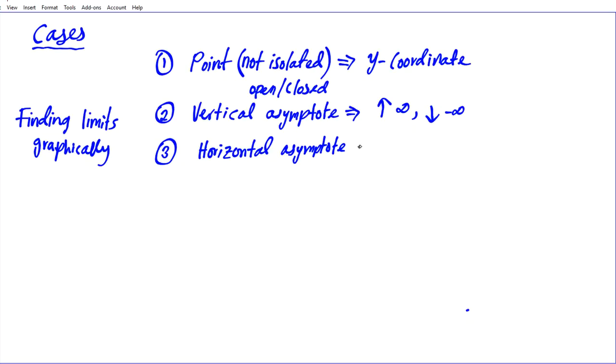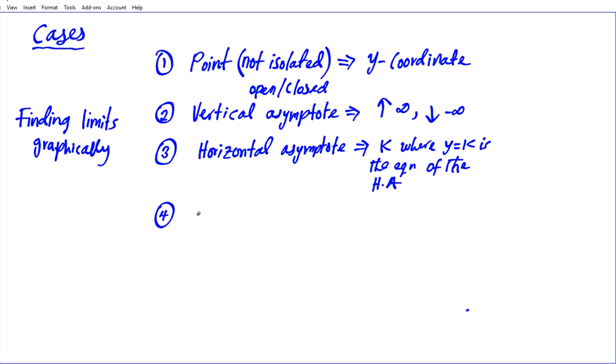In this case, the limit is going to be, let's call it a k value, where y equals k is the equation of the horizontal asymptote, HA. So if you're approaching a horizontal asymptote, the y value that you're approaching, which is basically the equation of the horizontal asymptote, will be your limit in that case.